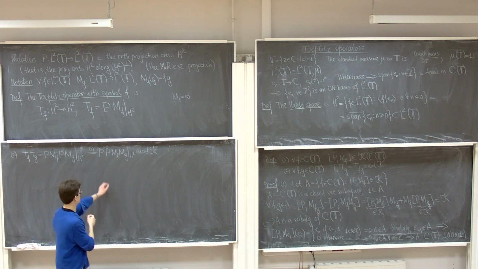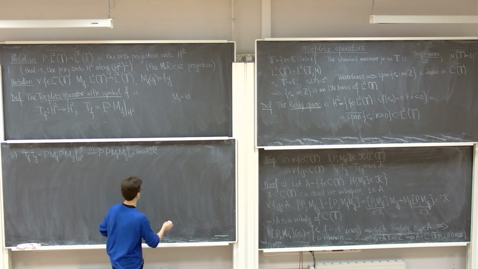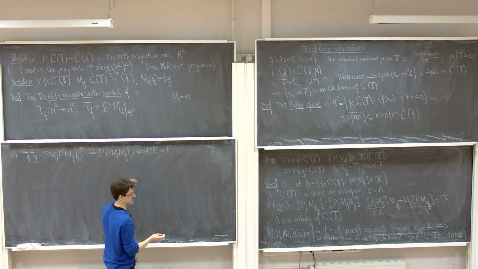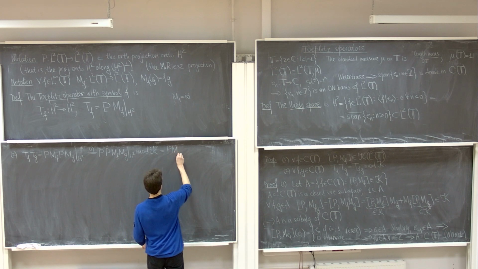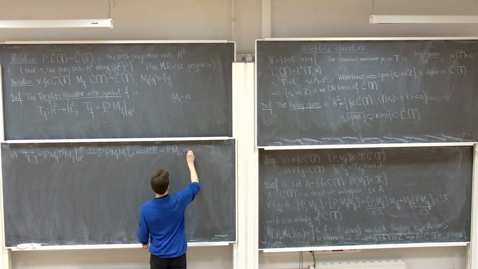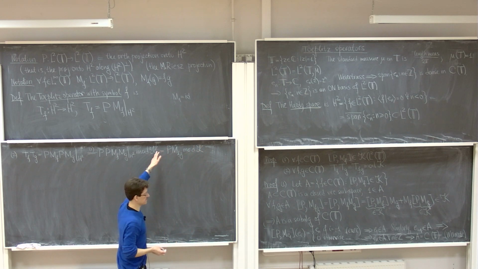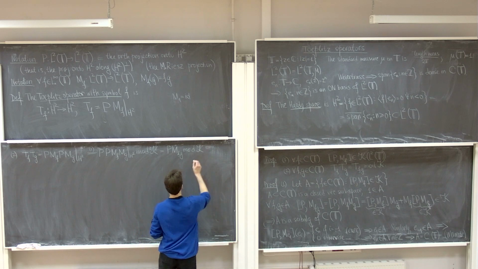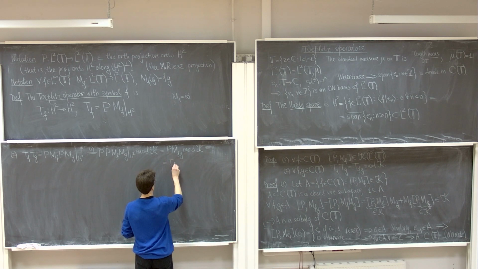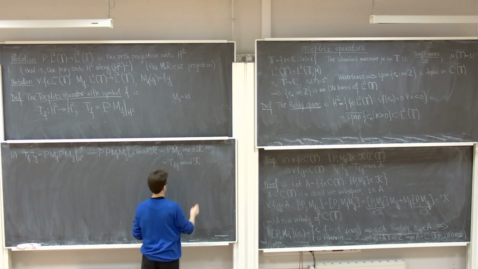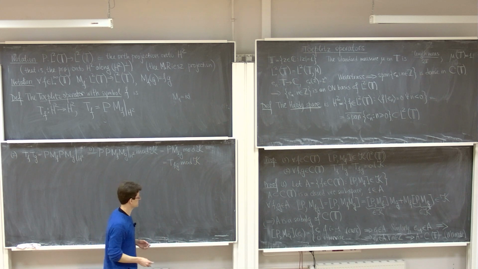And that's it, because P is a projection, so P squared is P. M_f M_g is M_fg, and this is our definition of the Toeplitz operator T_fg. So this completes the proof.